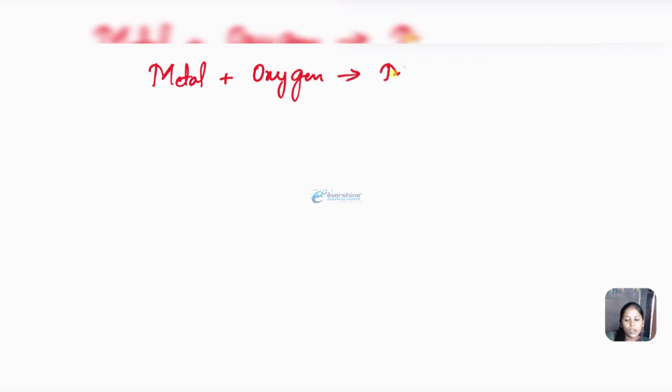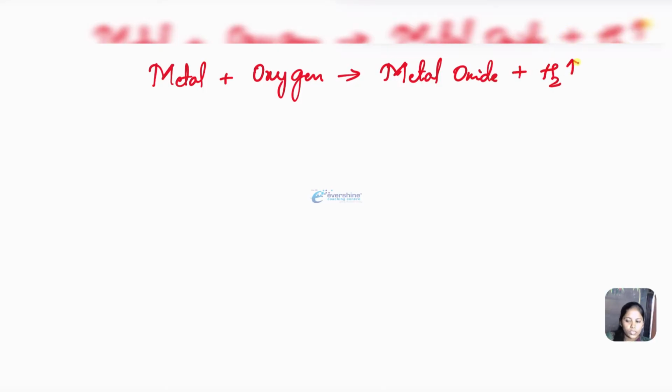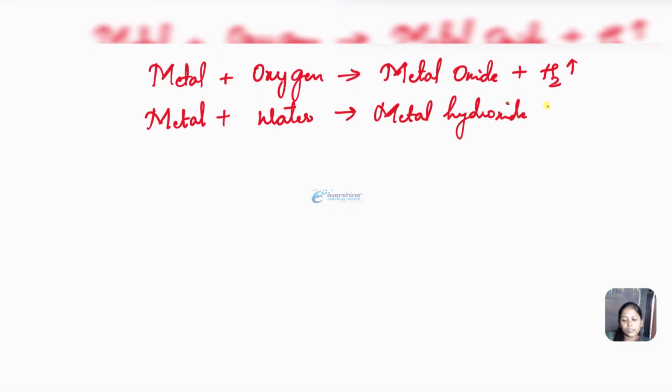Metal reacts with oxygen and forms metal oxide and liberates hydrogen gas. What is the second reaction we studied? Metal reacts with water and forms metal hydroxide and liberates hydrogen gas along with heat.